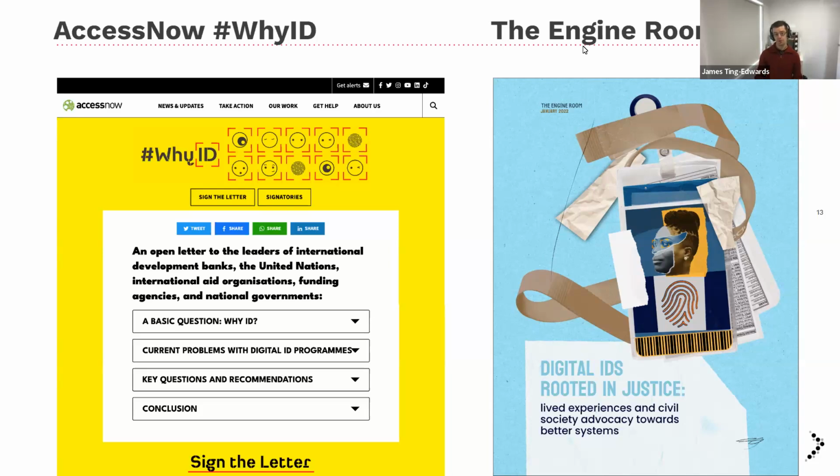Some of the uses of it are in things like refugee camps, where people really don't have an alternative to adopting the ID system that gives them access to food, resources, shelter. And that creates some big problems for the narrative that digital ID is about giving people choice and control.